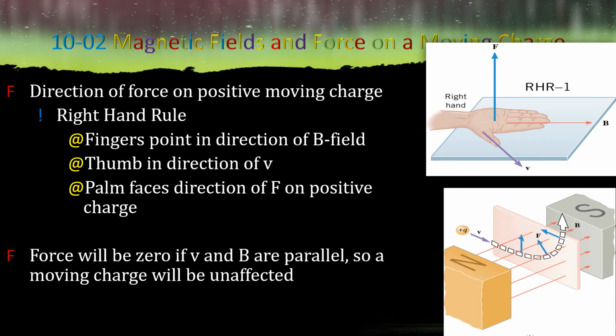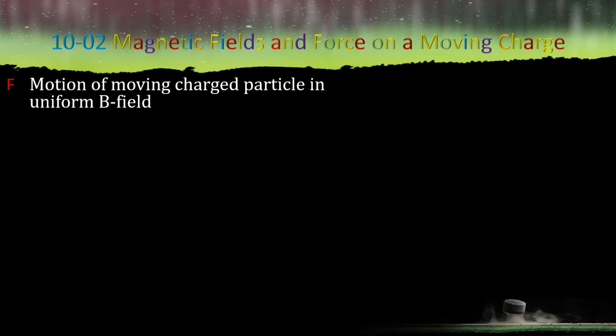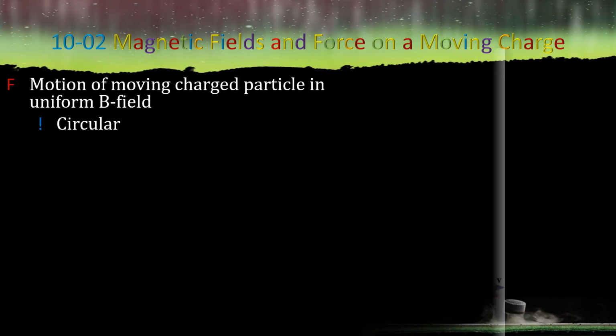This is the north pole, this is the south pole, and this is a uniform magnetic field. If we insert a positive charge along this line, it will be unaffected by this field. The motion of a charged particle in a uniform magnetic field is otherwise circular.